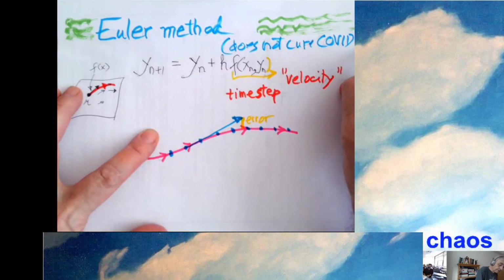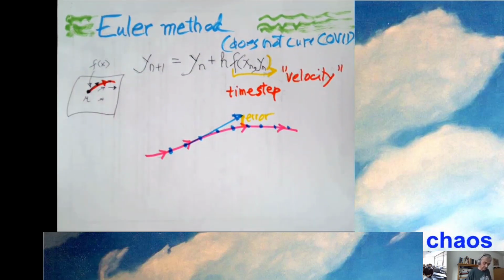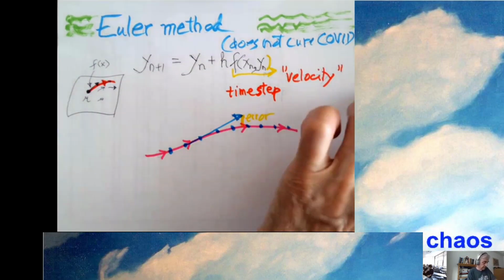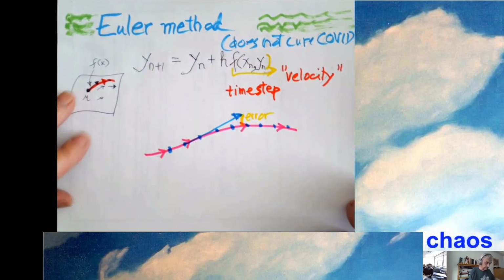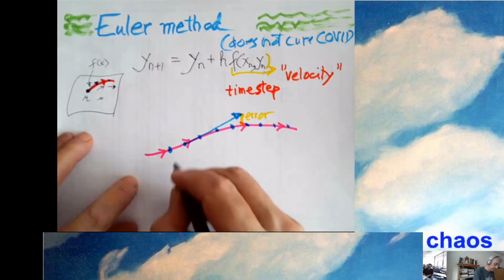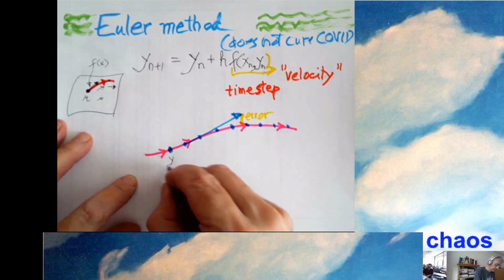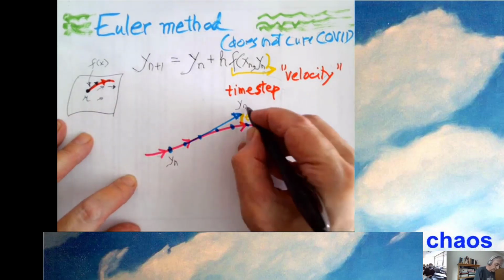And Euler would be shocked that his name is stuck to this. This is such a childish, silly way of integrating that nobody does it. So this is only done for pedagogical reasons. I'm here at position Y, and I end up at Euler's 1+1.